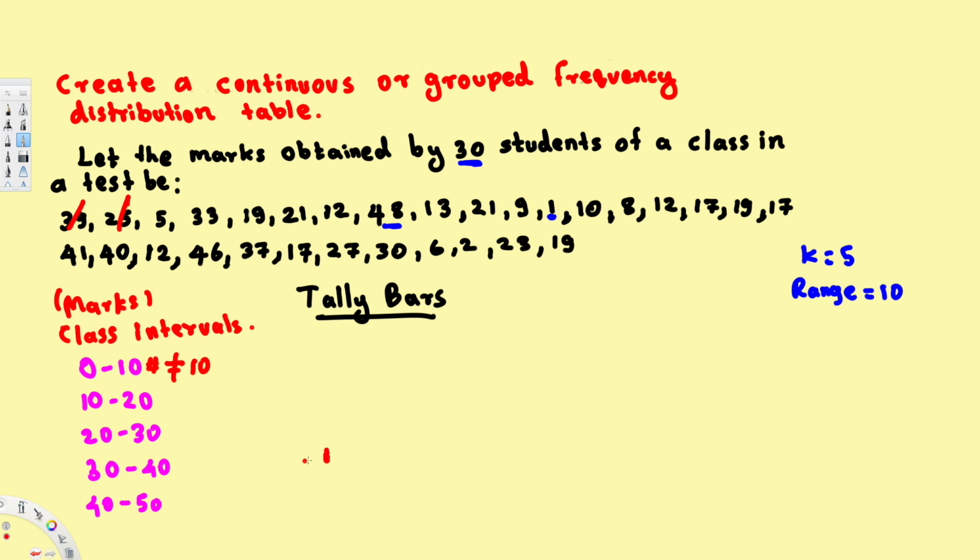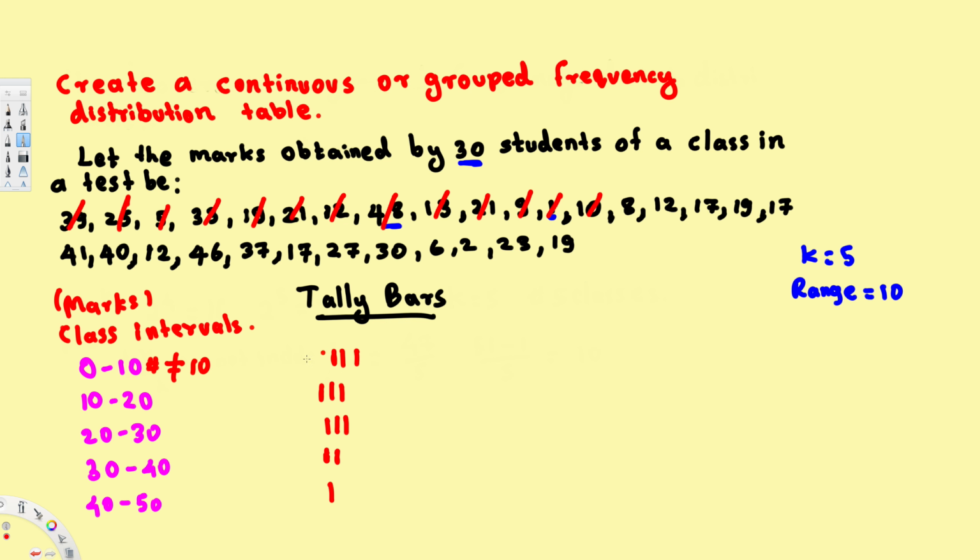And 25 here, and 5 is here, and then 33 is here, and then 19 is here, and then 21 is here, and then 12 is here, 48 is here, 13 is here, 21 is here, 9 is here, 1 is here, and 10 is here.